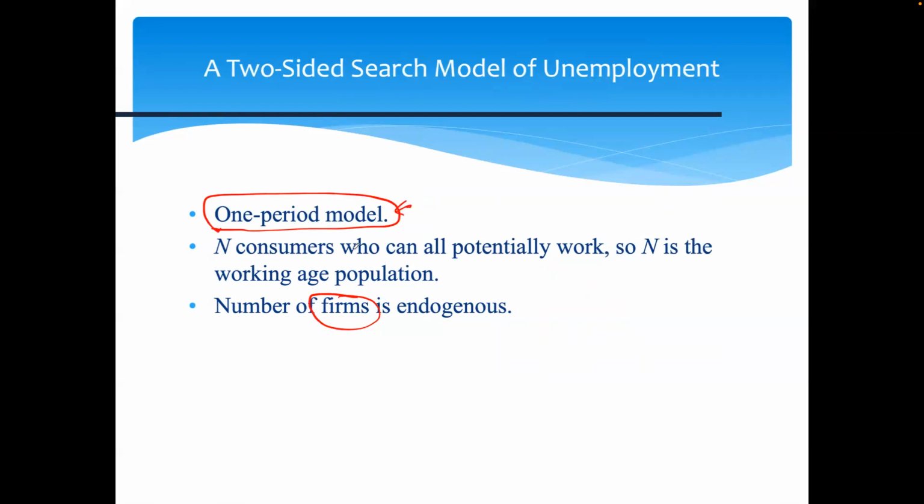Okay, so there are N consumers who can potentially work. N is the working age population. The number of firms is going to be endogenous, or essentially the number of jobs is going to be endogenous. It's not exogenous like in the previous model, where it was given by P.